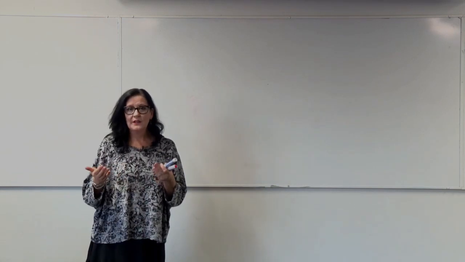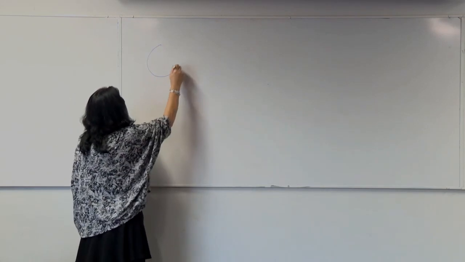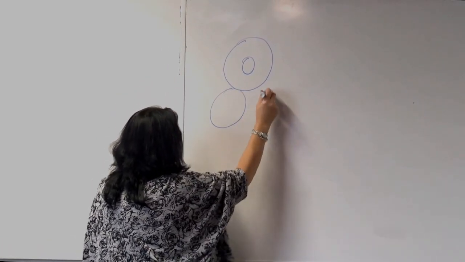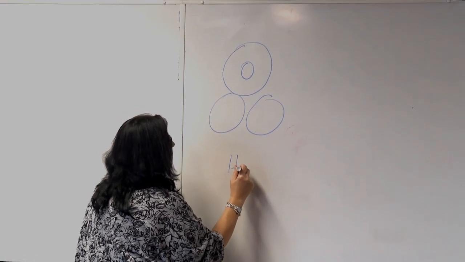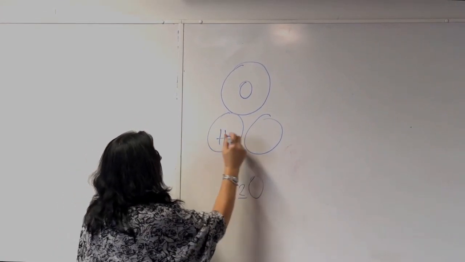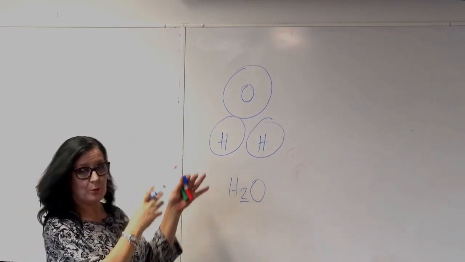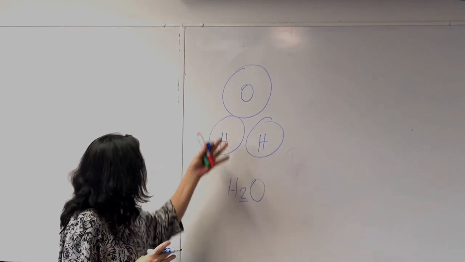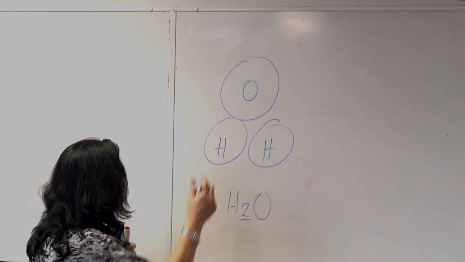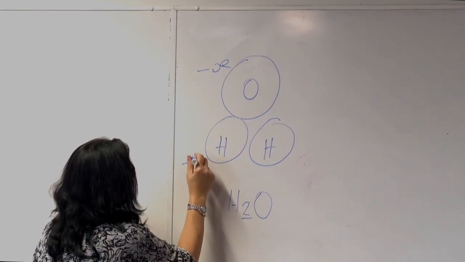We know water is a polar molecule. So we have oxygen, we have two hydrogens, hence H2O. Hydrogens have fewer electrons. In fact, they only have one each. Oxygen has more electrons, therefore, of course, it is more negative than hydrogens.